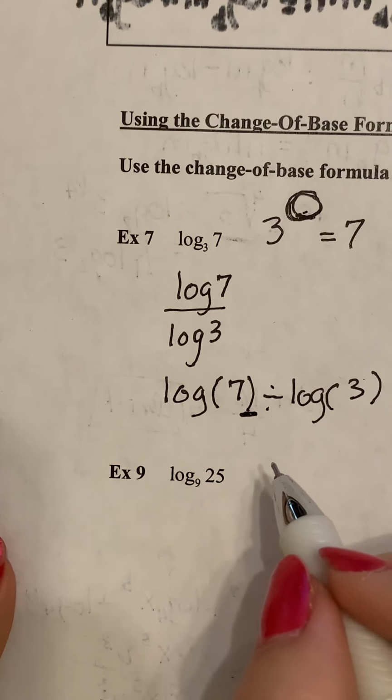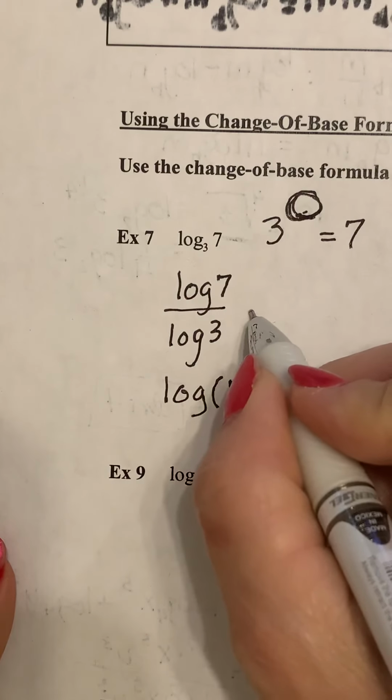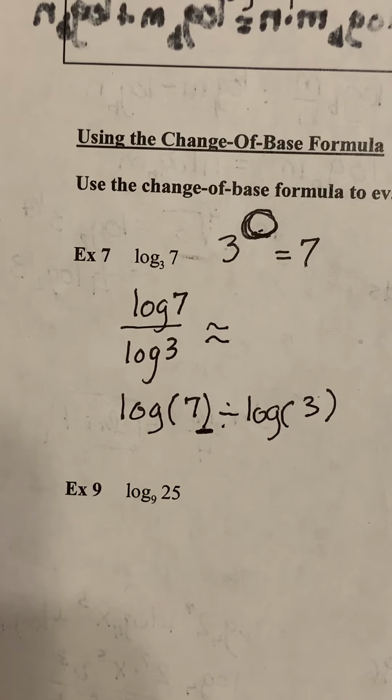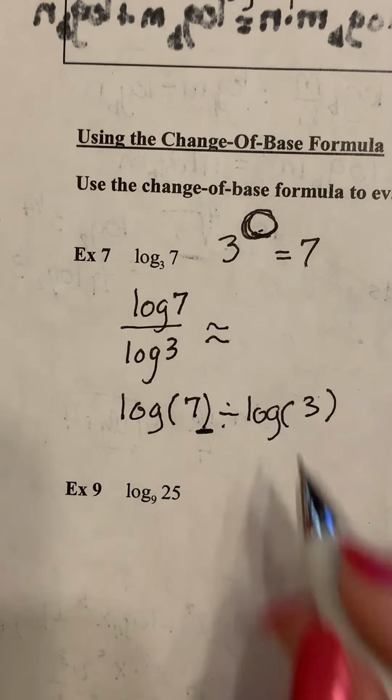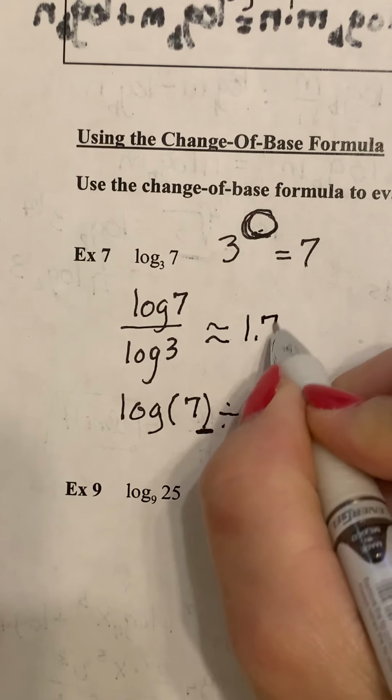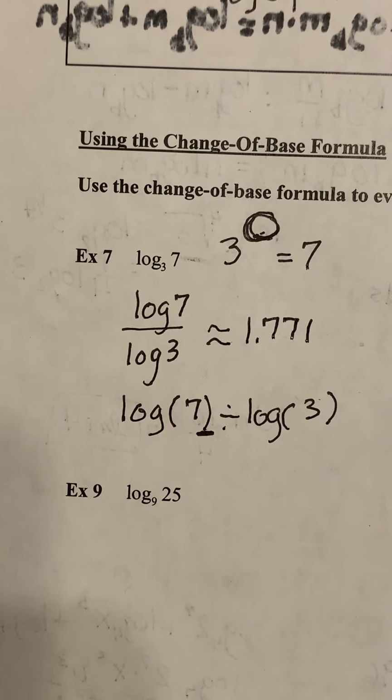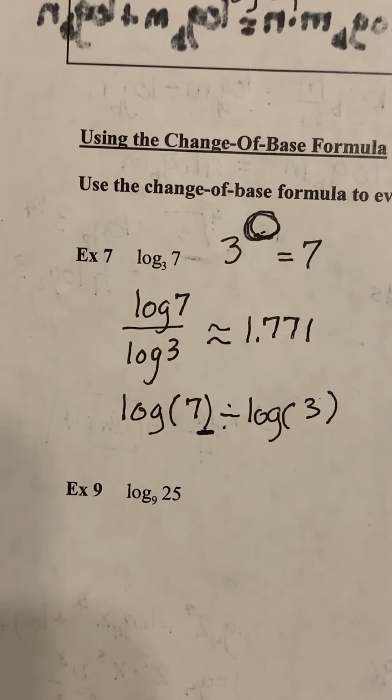And we're going to do this out 3 decimal places. So remember, we're going to use a squiggle because it's not exact. So if you push this into your calculator, what you should get is 1.771. So go ahead and push log 7, end your parentheses, divide by log 3, and hit enter.